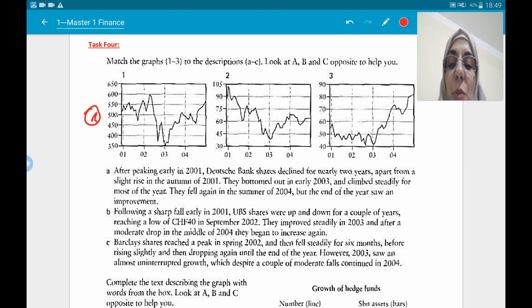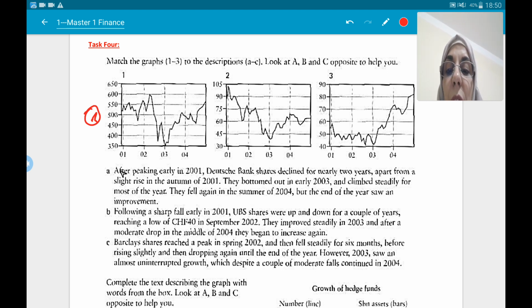So the first expression: after peaking early in 2001, Dutch bank shares declined for nearly 2 years. Which graph is most fitting for this description? It's picture 2, or graph number 2.